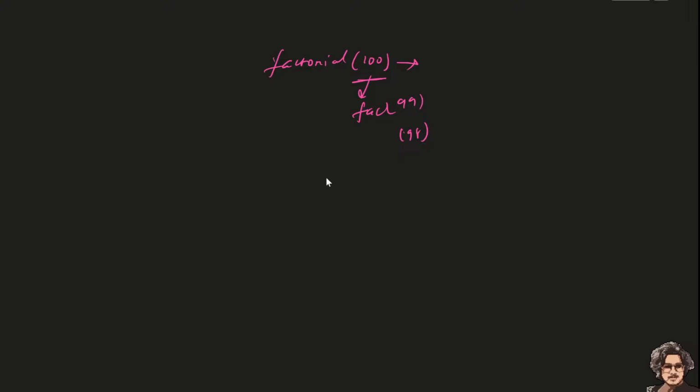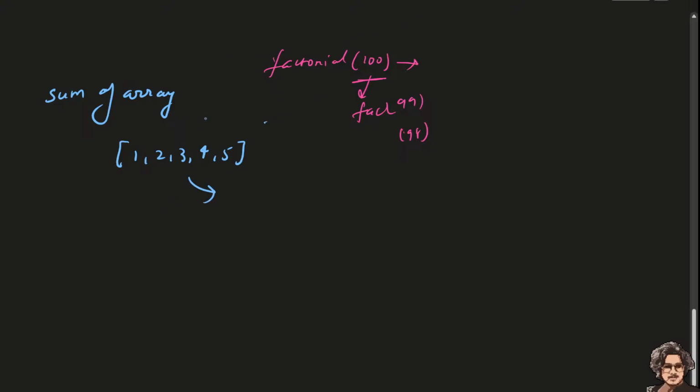If someone asks me to give the sum of an array, the array means we have 1, 2, 3, 4 and 5. How do I write this code? We have an integer function sum, in which we have a vector inside.